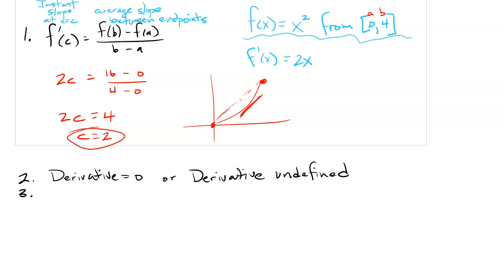Okay, do we need to talk about what derivative being undefined means? Is everybody okay with remembering that? Okay, I'll leave that be.